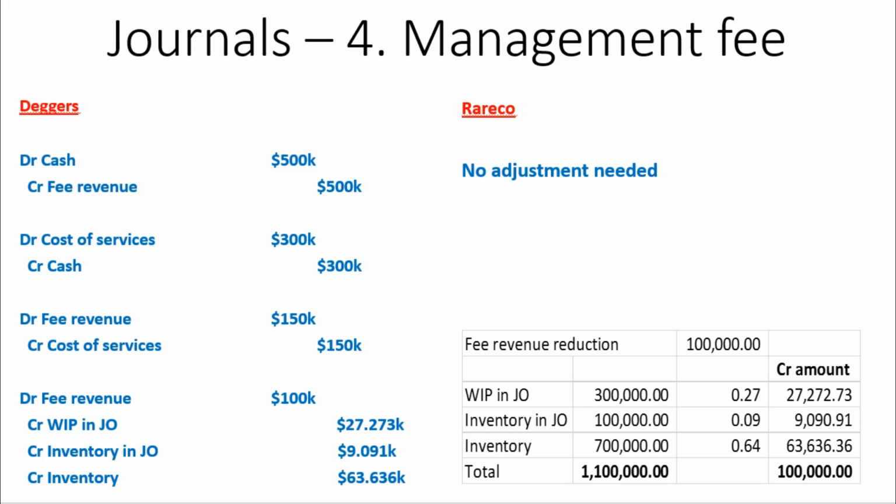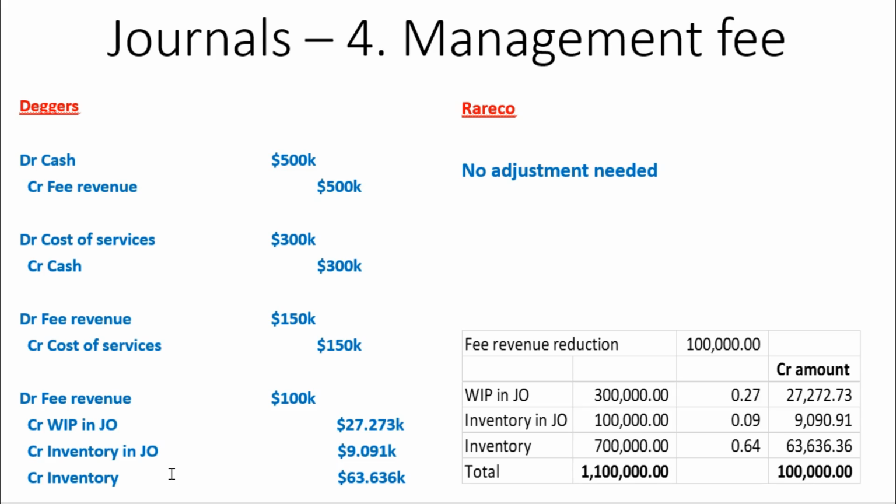So we are debiting our fee revenue by $100,000 here, but then we're crediting our WIP in JO, our inventory in JO, and inventory accounts because we know that our actual inventory, or our three related inventory accounts, is overvalued by that $100,000.